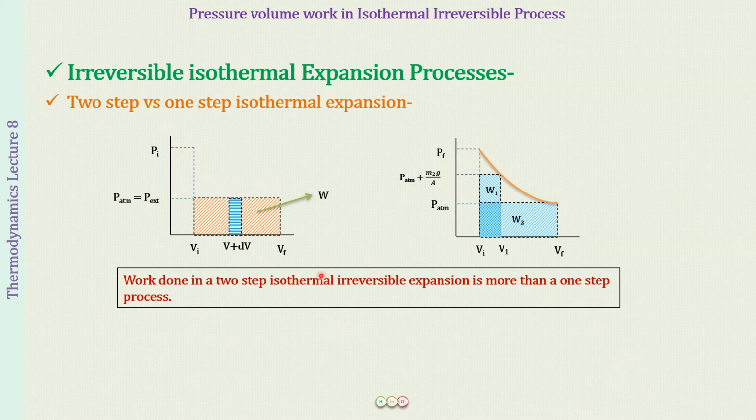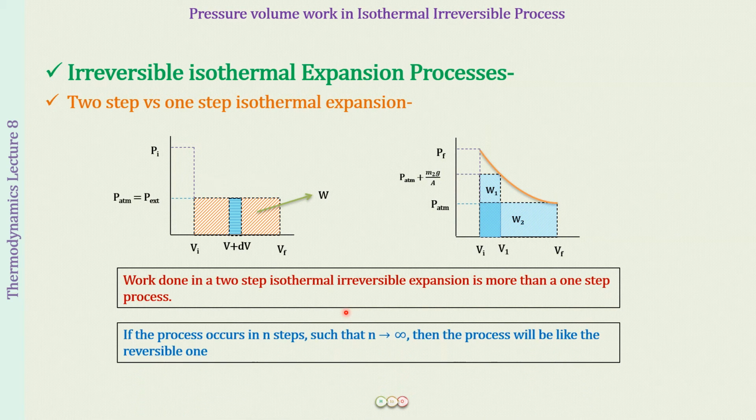Work done in a two-step isothermal irreversible expansion is going to be more than in a one-step process. And this also means that if we keep on increasing the number of steps, the work done is also going to increase. And if we increase the number of steps such that n approaches infinity, the process will be like the reversible one, right?